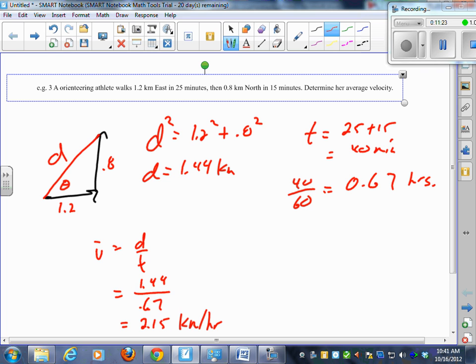So it's going to be inverse tan of opposite over adjacent, to get your angle. And I get 34 degrees, and that's going to be 34 degrees north of east.